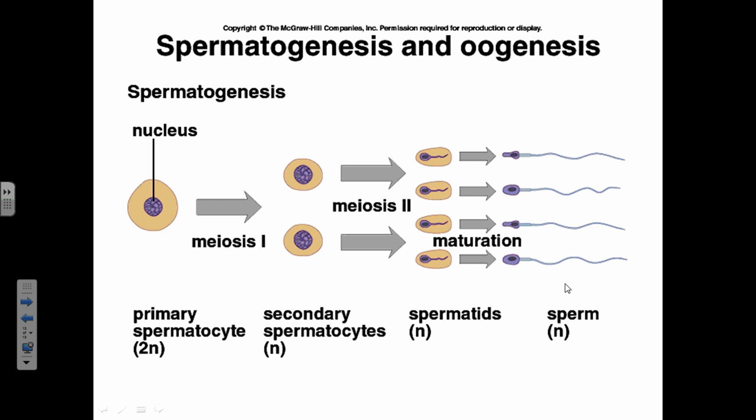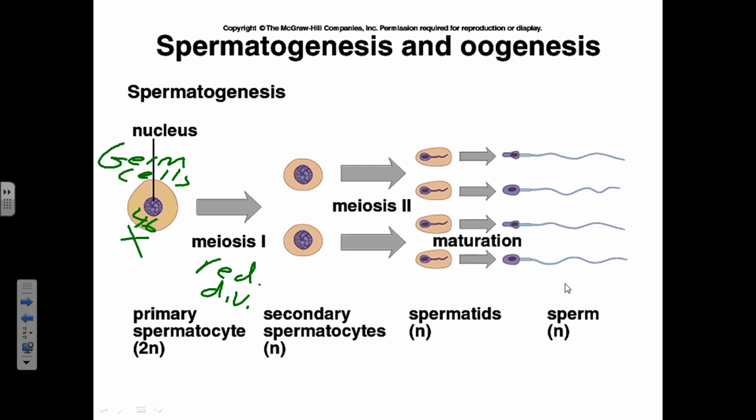Here's spermatogenesis. This is the way it works in a guy. These cells right here are what we've been calling germ cells. These would be in your testes. These cells have 46 chromosomes inside them, and right now, after replication, they're going to be X-shaped chromosomes. Those go through meiosis part 1, which takes 1 cell and divides it into 2. We called it reductive division because it reduces the number of chromosomes.